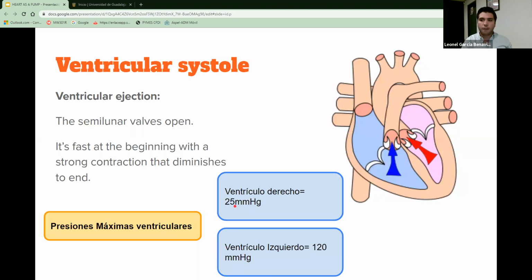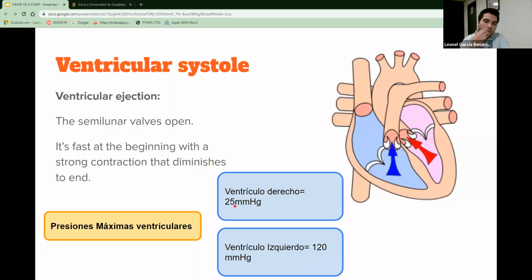From a state of almost no pressure, because the atriums have to push blood into the ventricles, and if there was a lot of resistance, then we wouldn't have that much blood going through. It has to climb up 25 times the pressure it had. And in the left ventricle, it's gonna be a lot more. It's gonna be 120 millimeters of mercury.